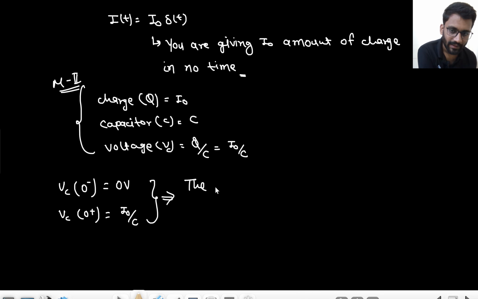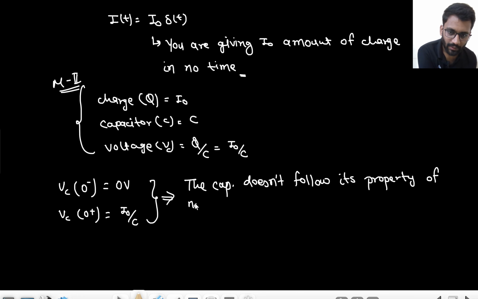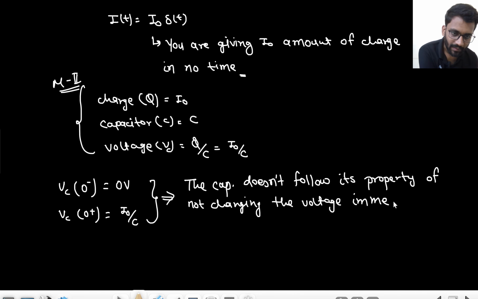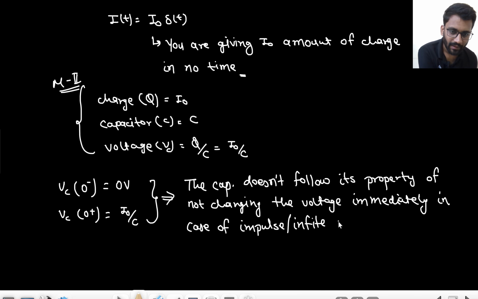What do you understand? The capacitor doesn't follow its property of not changing the voltage immediately in case of impulsive or infinite current.